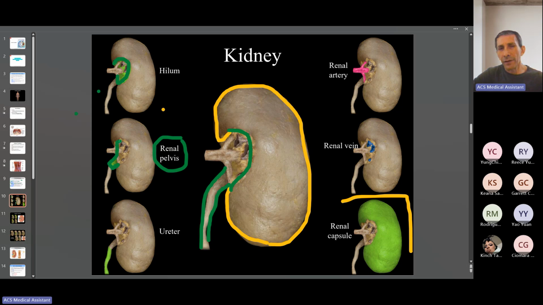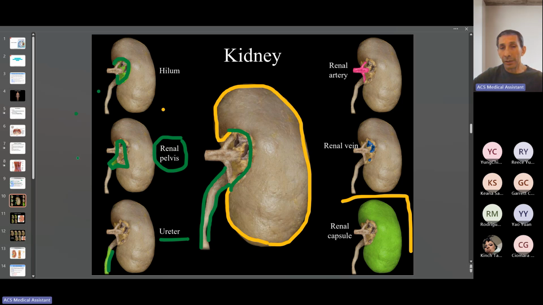And this is like a funnel because it makes all the notch. And we will know why it is a funnel later on. Then we have the ureter. See, it's this tube that drains urine to the urinary bladder.